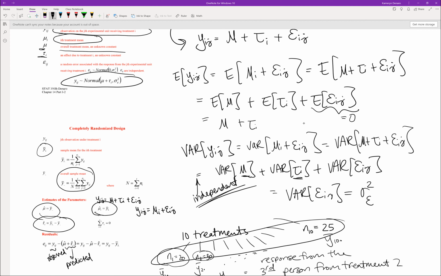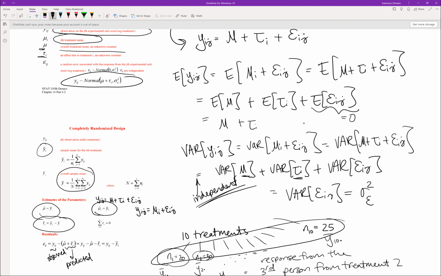All we're doing here is taking our basic first principle that a residual is the observation minus the prediction, and now we're plugging in the particular scenario of a completely randomized design. So we're plugging in the scenario where our observed response for the jth person in the ith treatment is Yij, and then you subtract off the predicted value, and that gives you the residual.